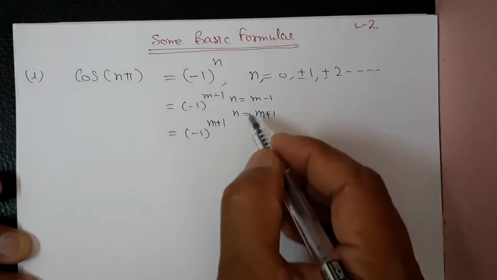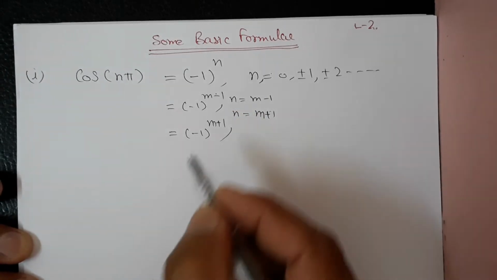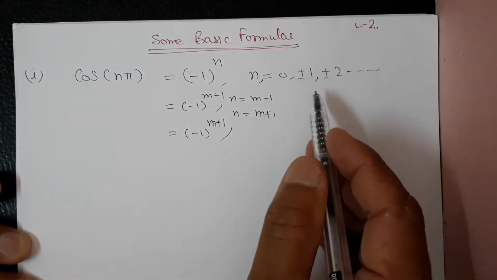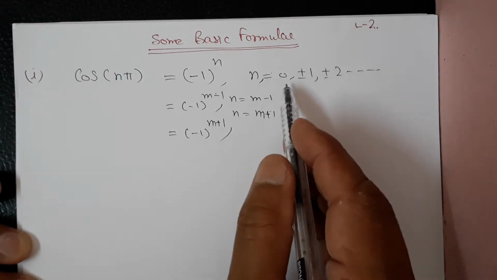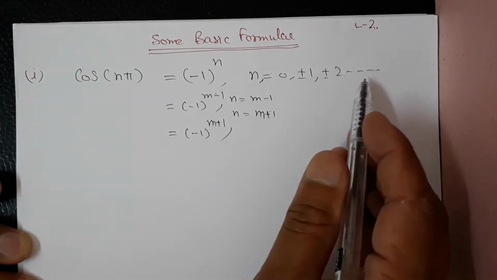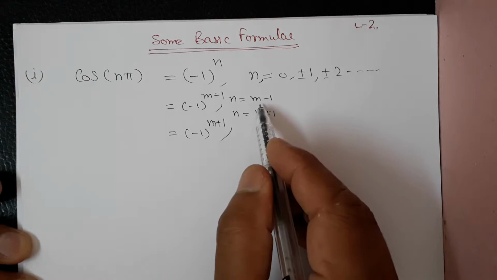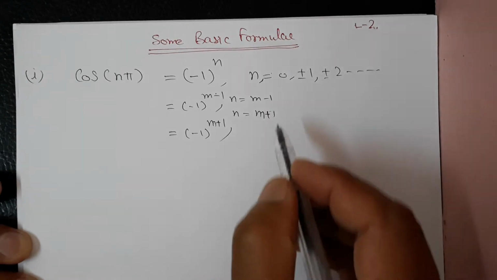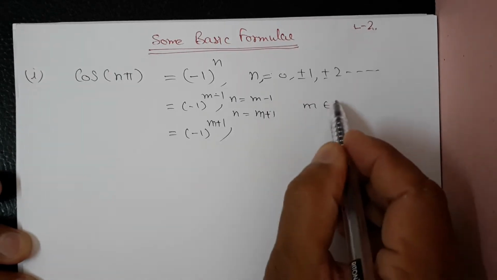So n is an integer. It can be 0, plus minus 1, plus minus 2, etc., or it can be m minus 1, m plus 1, where m is an integer.